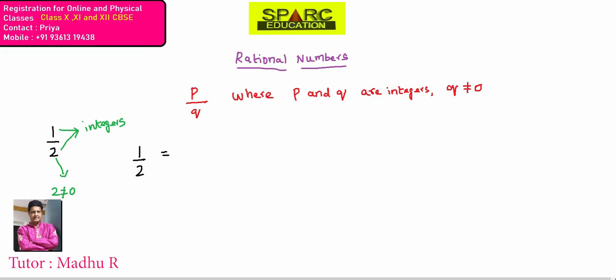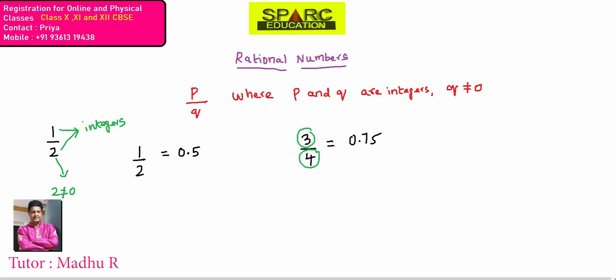In the decimal form, it's 0.5. Let me take another example, 3 by 4. We know that 3 is an integer, 4 is an integer, and 4 is not equal to 0. Therefore, 3 by 4 is rational. If I write it as a decimal, it is 0.75.